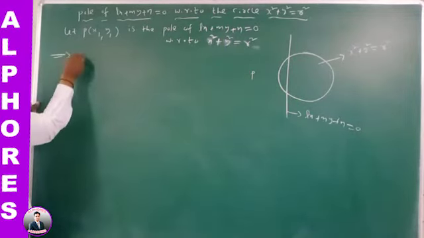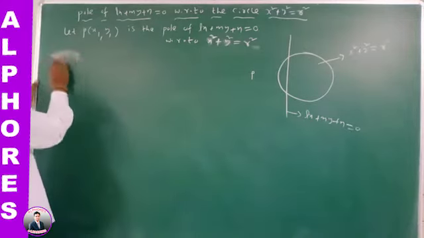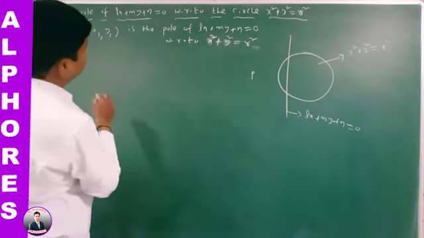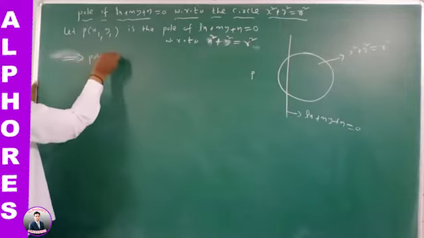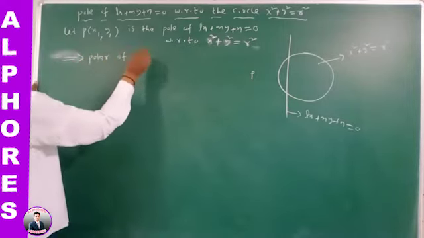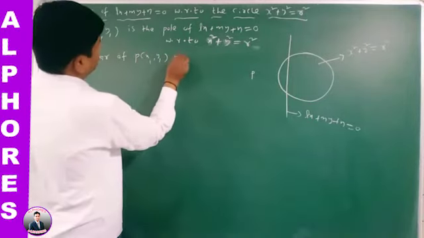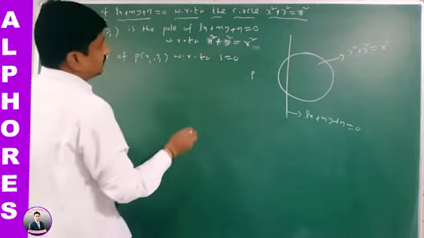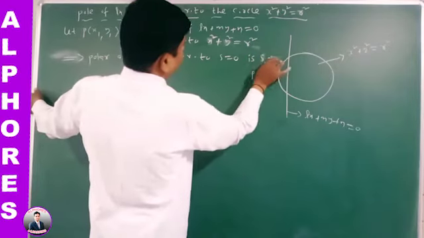Now that P(x1, y1), the polar of P(x1, y1) with respect to S equal to 0 is S1 equal to 0.